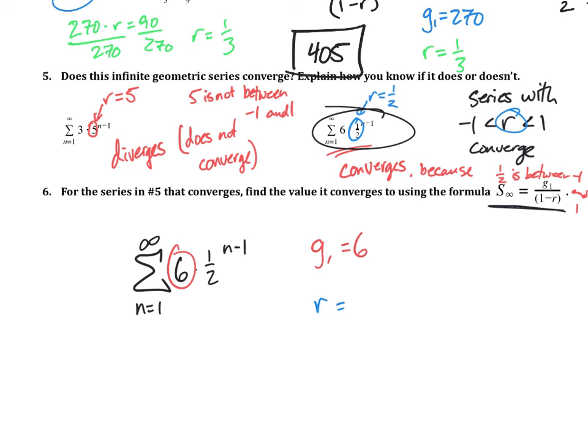And we found R in the previous step. We said R was 1/2. So then the series converges to S infinity is G1, which is 6, divided by 1 minus R, which is 1/2. Make sure to do the 1 minus 1/2 first, and so then we get 6 divided by 0.5. 6 divided by 0.5 is 12, so our answer is 12.